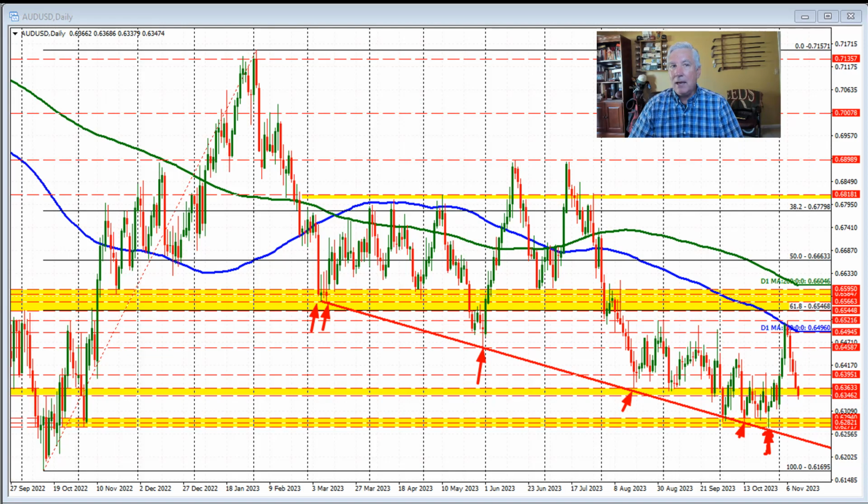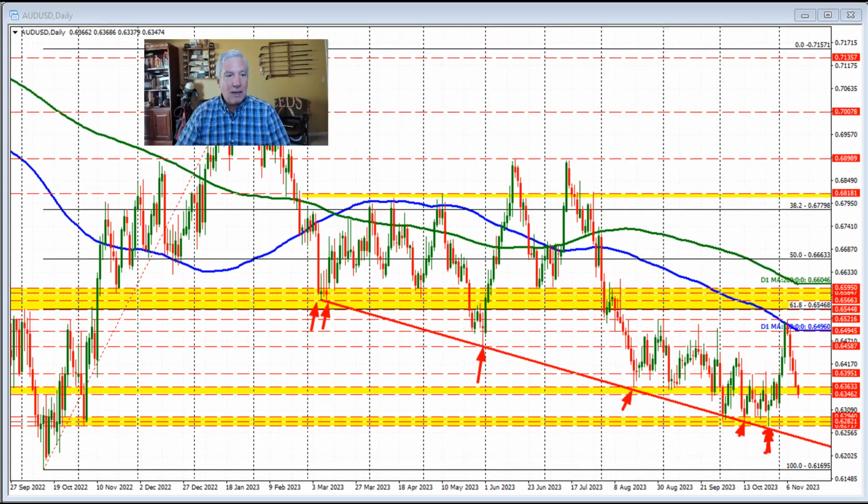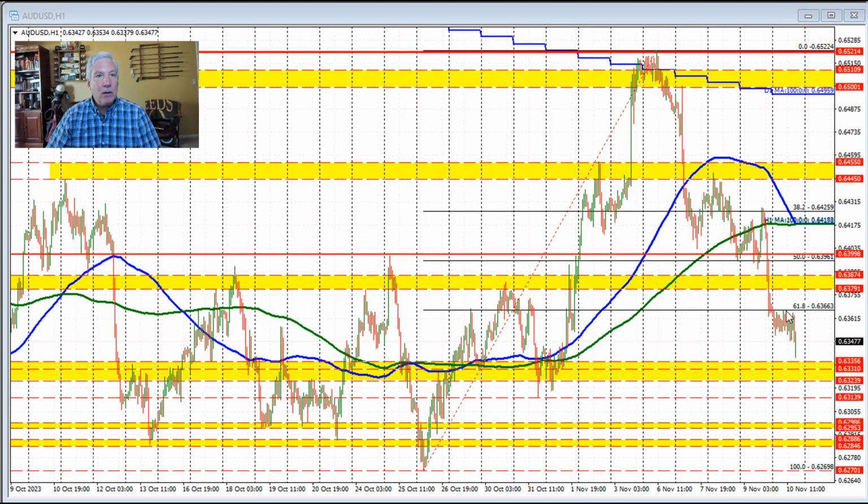What is the hourly chart telling us? If we look at the hourly chart, and take the move up from this low, the end of October low, to the high price that we saw right here, which took the price again above the 100-day moving average but failed there. We've seen 5 days to the downside, and in trading here today, we found resistance against the 61.8% retracement of that move to the upside.